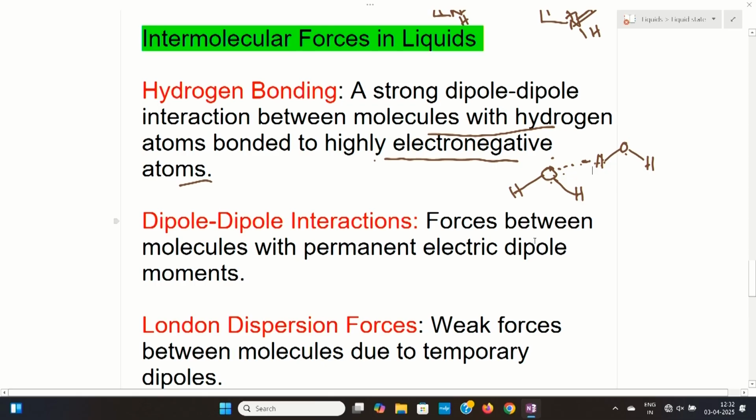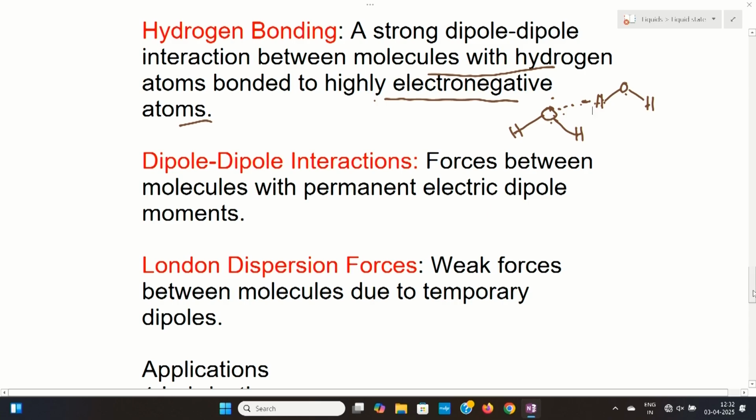Then we have dipole-dipole interactions. Dipole-dipole interactions are the interactions between two polar molecules.